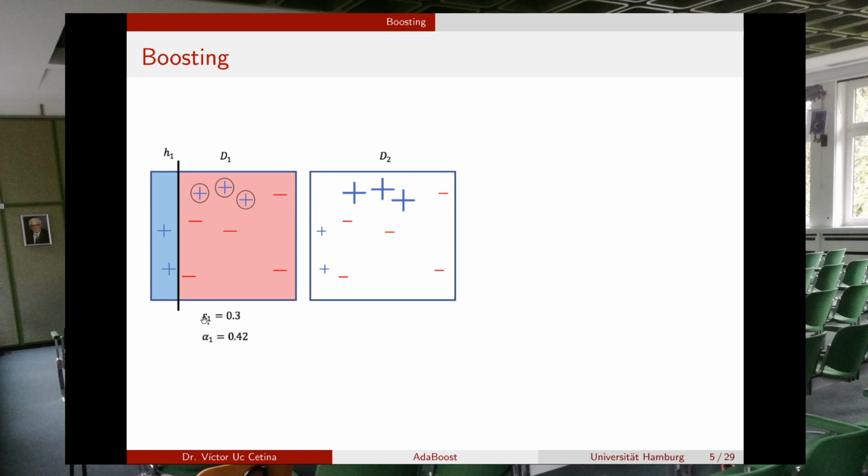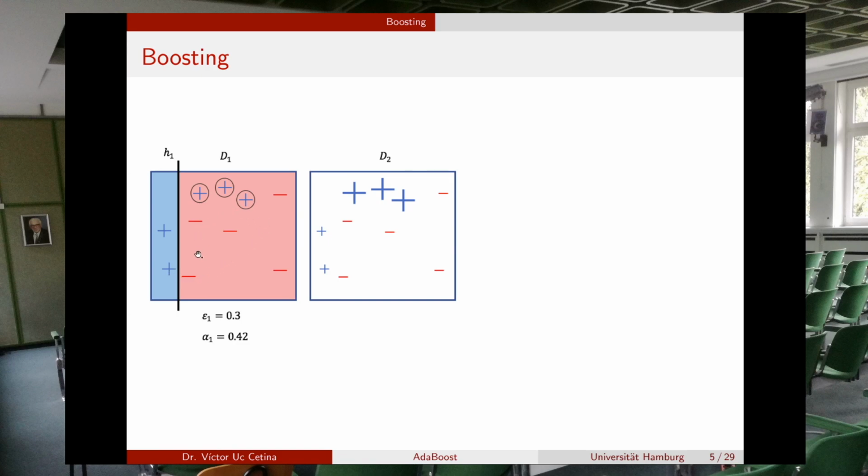And this error of classifier 1 will be this epsilon 1, and here we're saying that the error is 0.3. 0.3 because we have 10 examples, and the weight of each of the examples is going to be 0.1, because we need this distribution of the weights to be 1 if you sum the weights of every one of the examples.